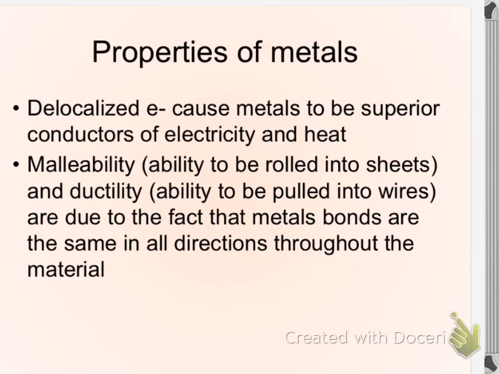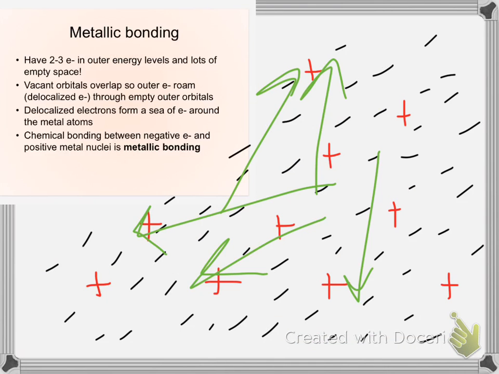So when I hit this with that same big hammer and I smash it, I don't disrupt the lines of force. They're running in every direction. They can move around, and every piece is still attracted to every other piece. We have a lot of extra electrons floating around, and they're all attracted to all the protons. So we have really pretty strong forces, so we see high melting points, and we have this malleability.